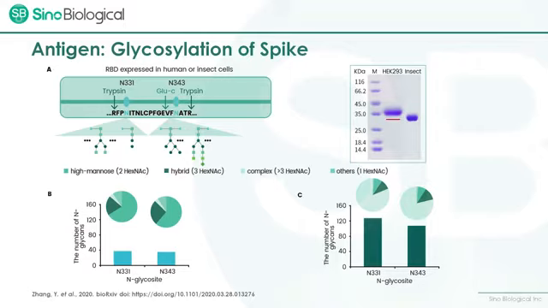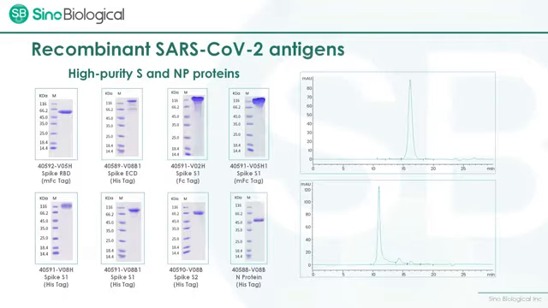We see molecular weight differences in these two systems because of glycosylation pattern differences. Therefore, we chose the eukaryotic expression hosts, HEK293 cells and insect cells, for expressing the following S and N proteins.